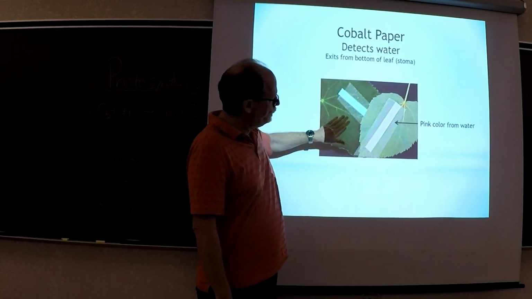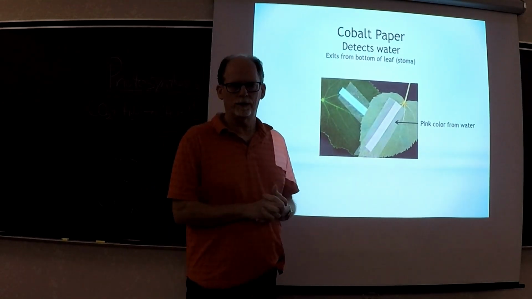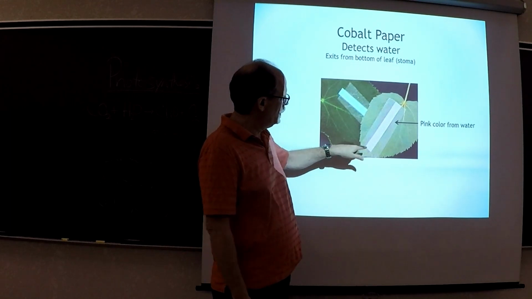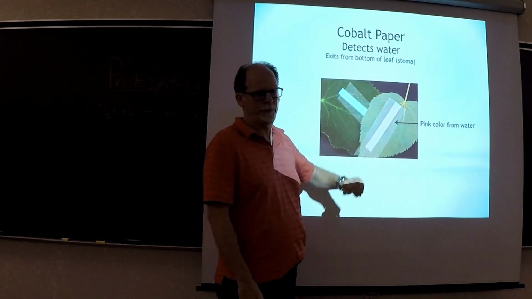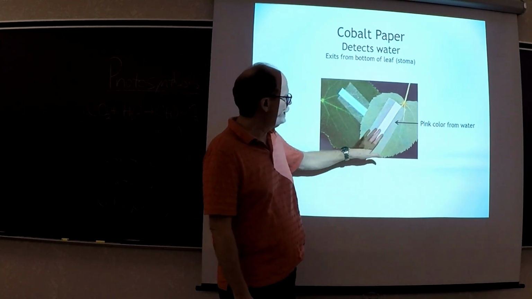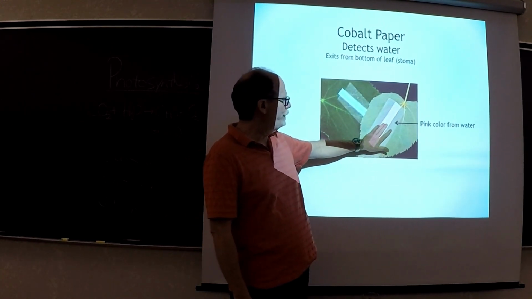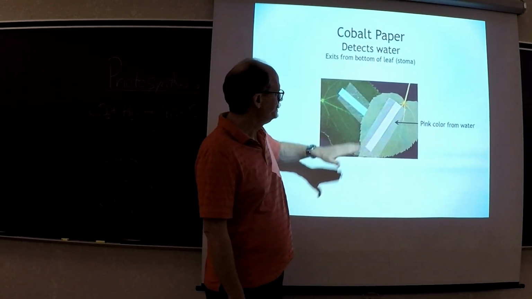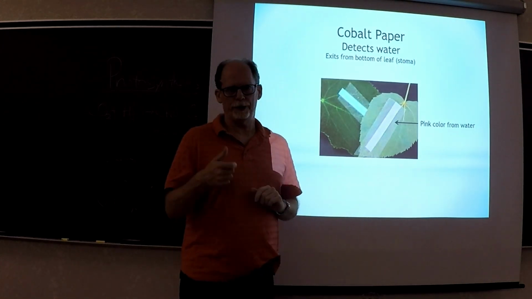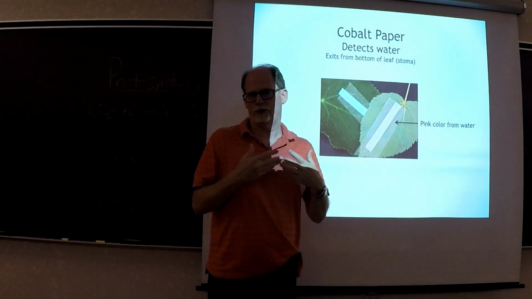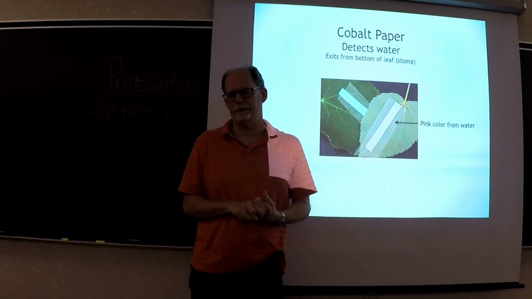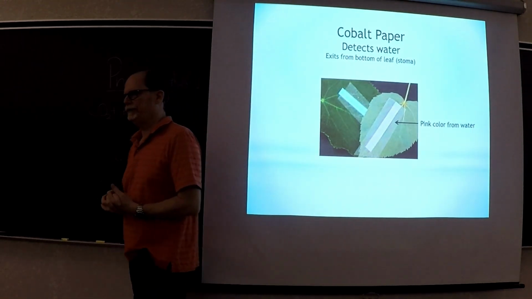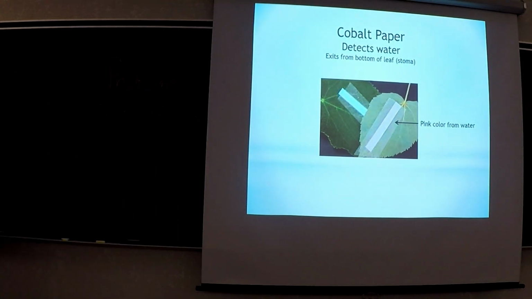On the top of the leaf, no water gets out that way. The pores, the stomata, are on the bottom, or the lower epidermis. So this would turn pink from coming in contact with the water, and the ones we put on top of the leaf would not turn pink because water doesn't come out at the top of the leaf. So it's pretty straightforward.